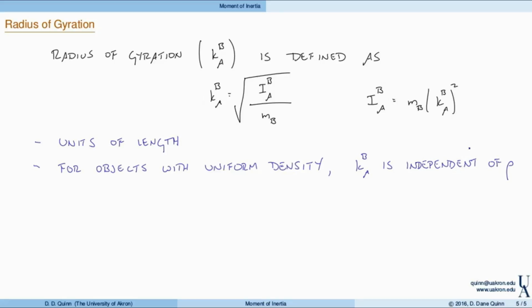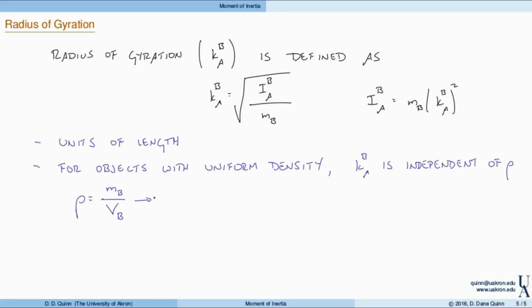So really, it's independent of the material. It only depends on the shape. So how can we show this? Well, what is the density? If I know the mass, then the density of an object is defined as the mass divided by the volume.